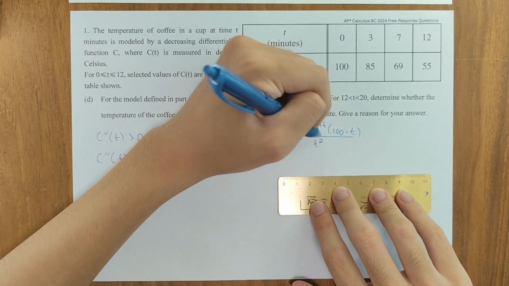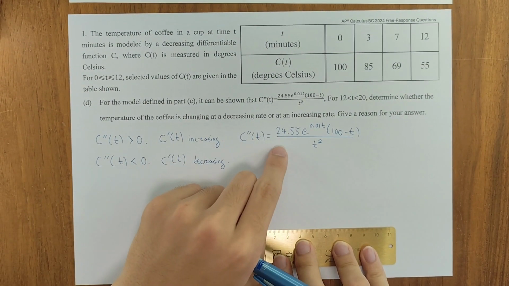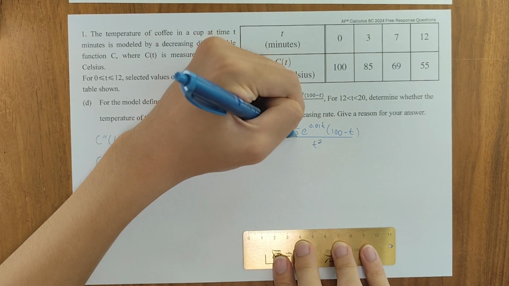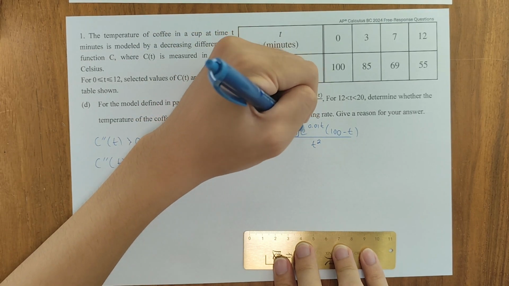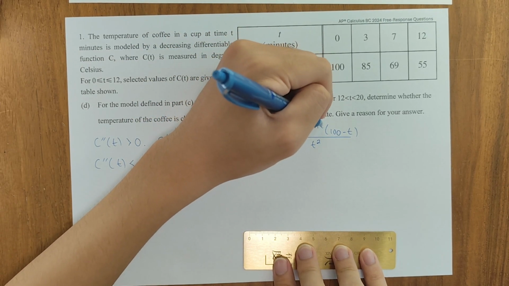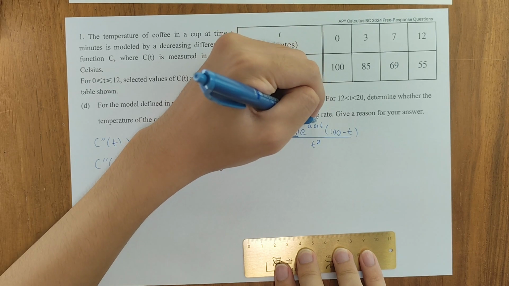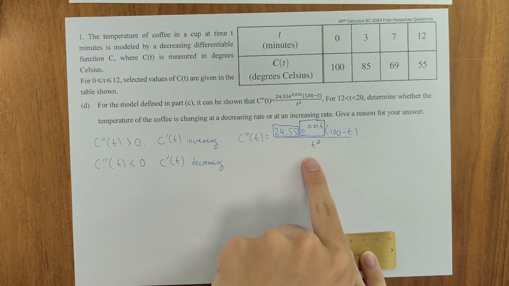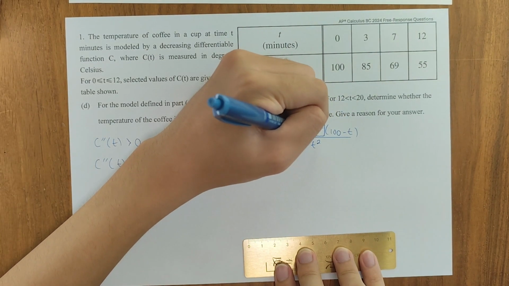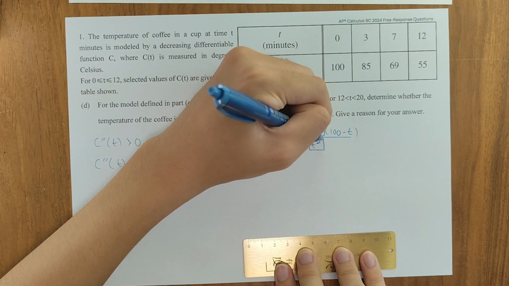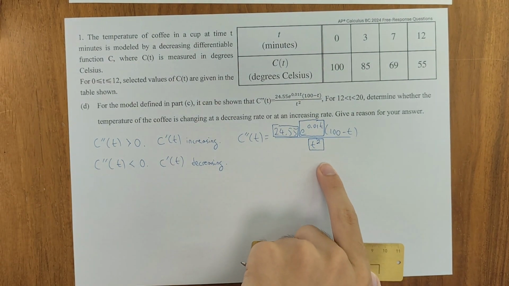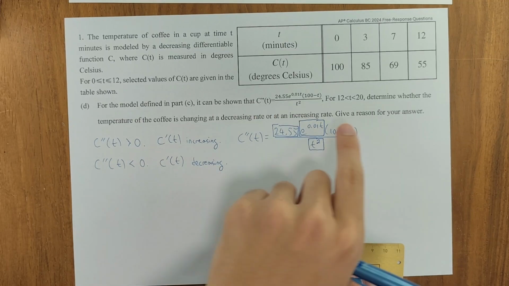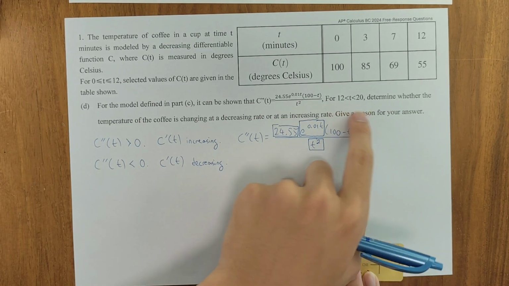Let's take a look at this function. 24.55 is a positive number. E to the whatever power is also positive, because e to a power is always positive. And t squared is also always positive. 100 minus t, so this C prime t is for t equals 12 to t equals 20.